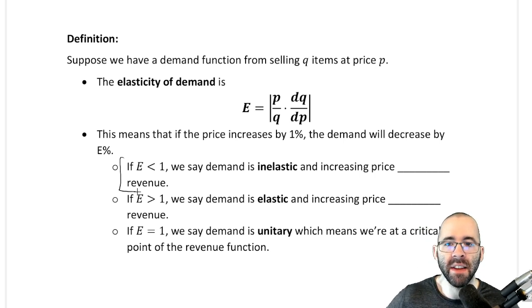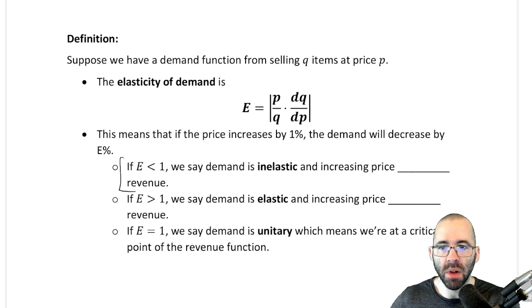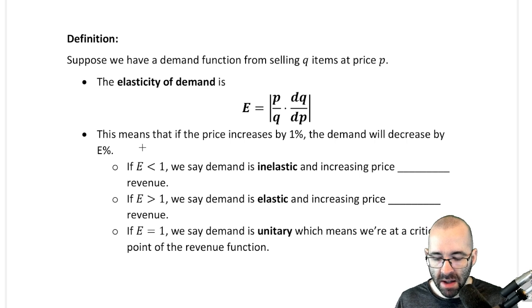What happens in this case? This first bullet point, if E is less than 1. Let's pick a number. Maybe E is 1/2. Because a half is less than 1.